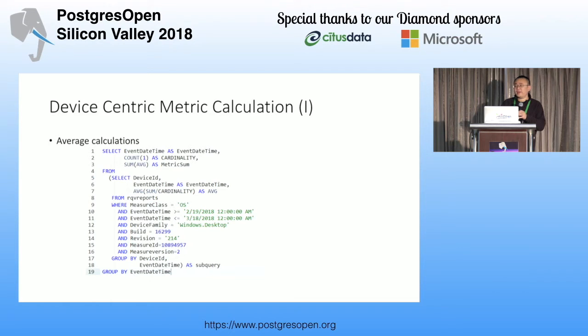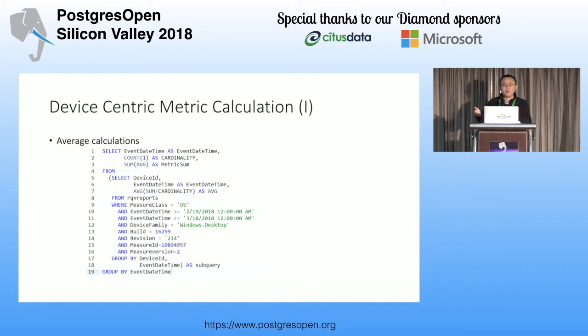This is what we call device-centric average calculation. So what it does is for each device, we calculate an average value, and then we average the average values to become this device-centric average value. So as you can see from the slides, this effectively is just a two-level group by.